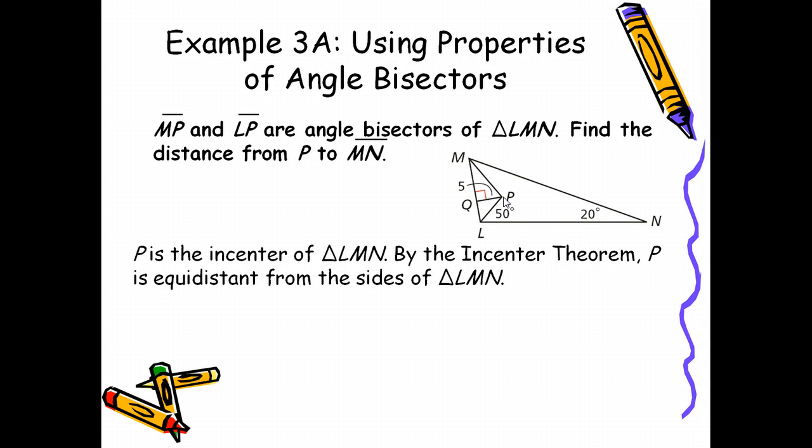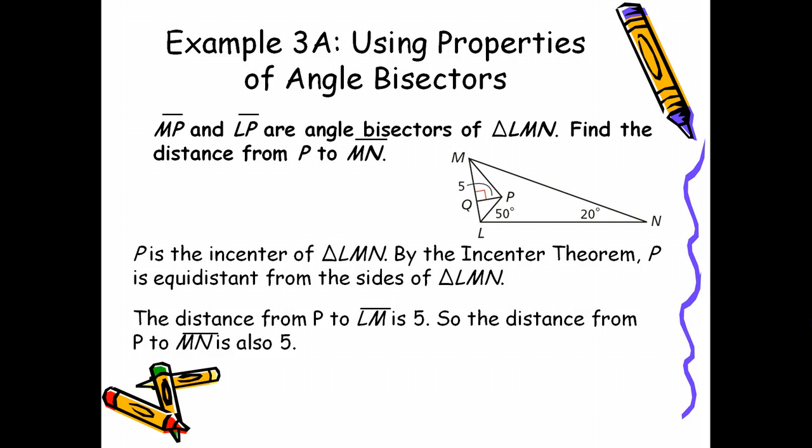P is the incenter of triangle LMN. By the incenter theorem, P is equidistant from the sides of LMN. The distance from P to LM is 5, so the distance from P to MN is also 5.